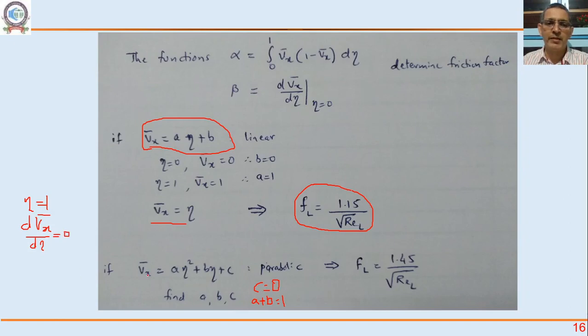So if you differentiate this Vx bar, dVx bar by d eta would be 2a eta plus b. And if I put eta equal to 1, 2a plus b would be 0. So 2a plus b is equal to 0.